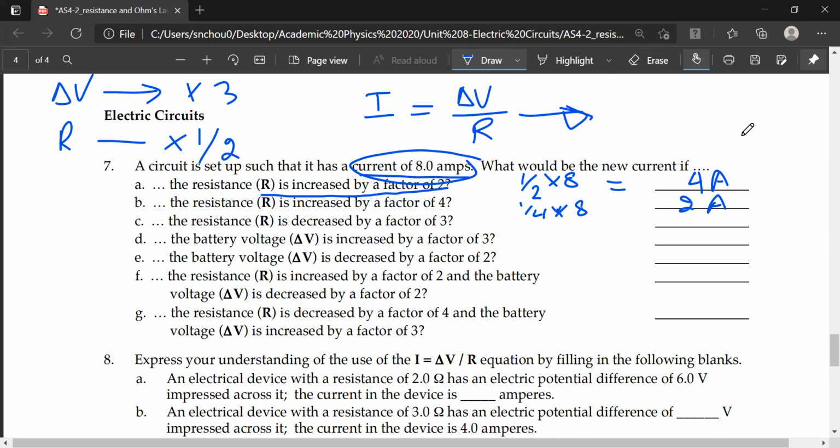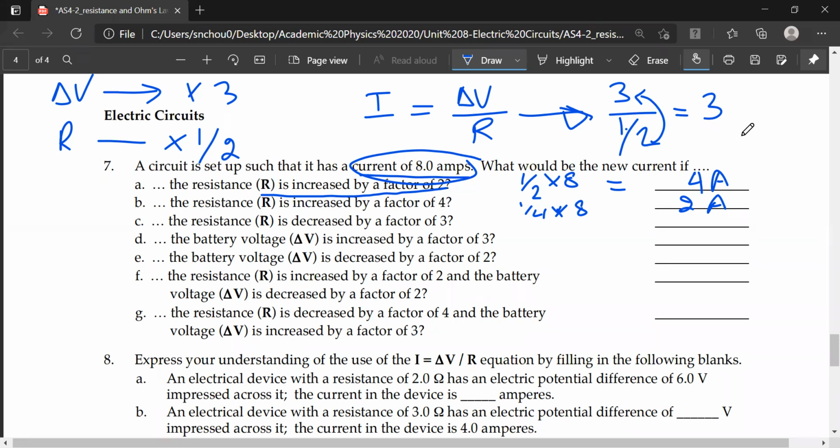But so delta V, the top part is 3. And you're dividing it by R, which appears in the denominator. That's where you put its factor. 3 divided by a half. When you divide by a fraction, you multiply by its reciprocal. In other words, this 2 here ends up there because you're kind of double dividing.